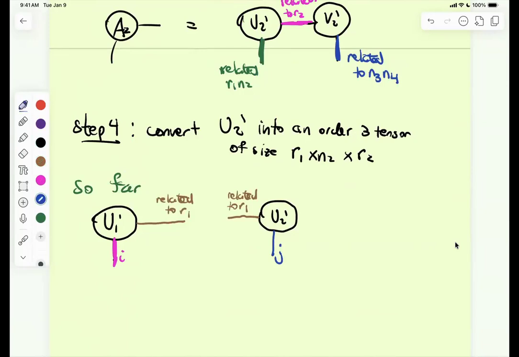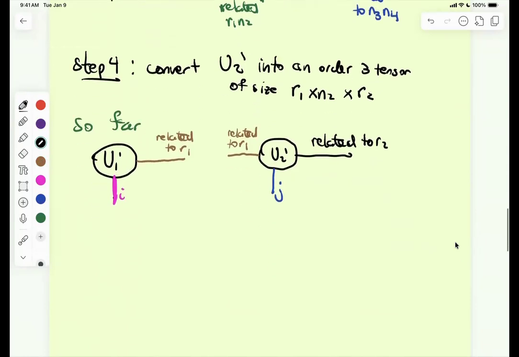And then the third leg for this tensor would be related to R2. And then we're almost there. So again, you always keep the U's and then you reshape the V's. That's the idea.